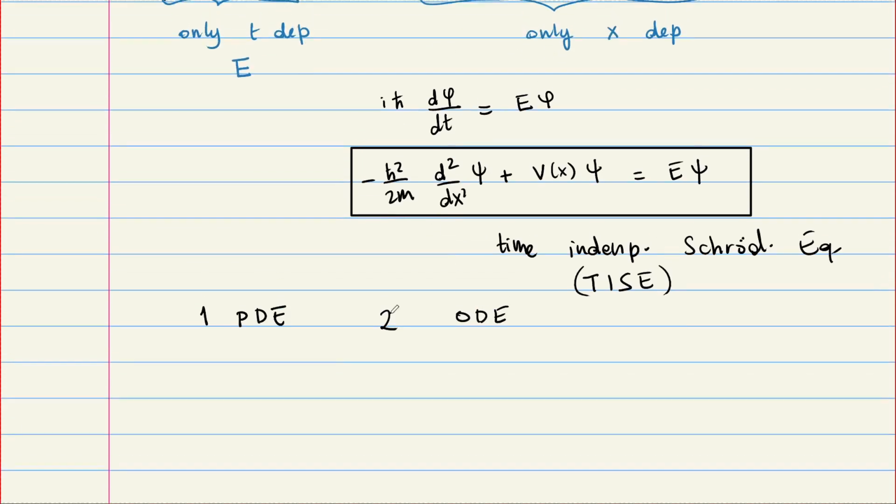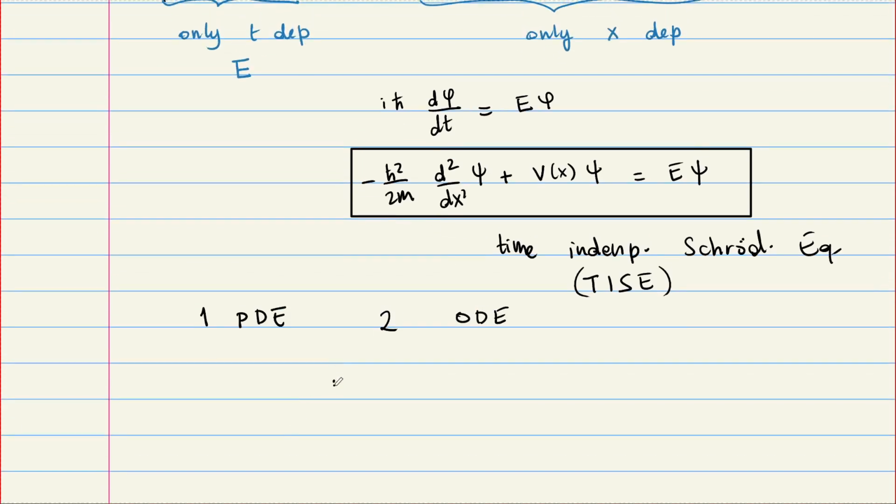If you want, this is 1 over phi d phi. I'll rewrite this equation as equal to minus i E over h bar. I didn't do anything, I just rewrote it. I don't know how people showed it to you. The way I was taught was you just take this dt to here and you integrate both sides.